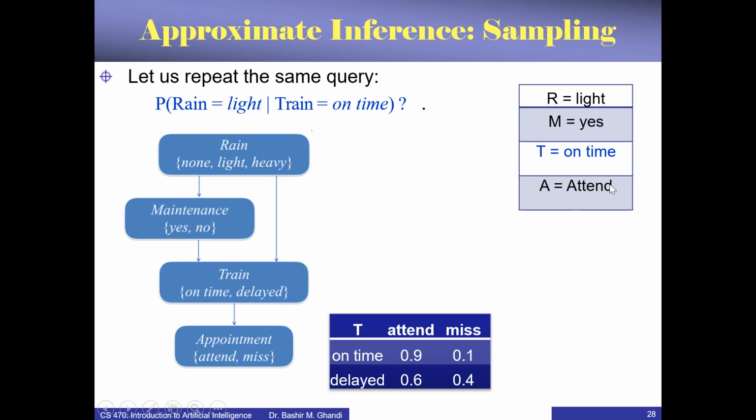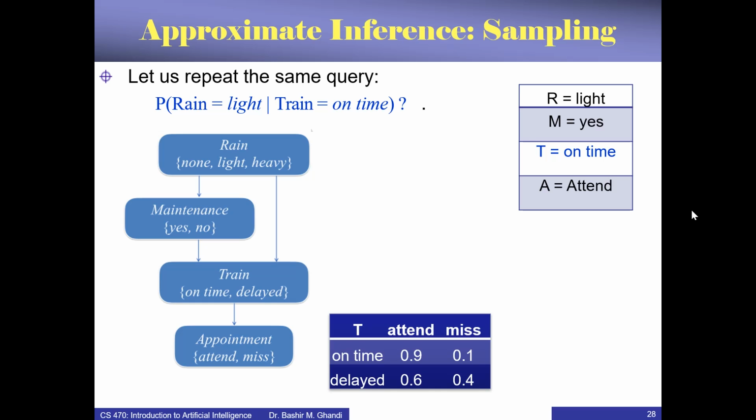So suppose we choose attend. Once we have this sample, we are going to evaluate it based on its likelihood and weight it accordingly, and then generate another sample. So we generate samples like this, as many as possible, and based on the samples, we will be able to answer the query. This is basically the idea of likelihood weighting.